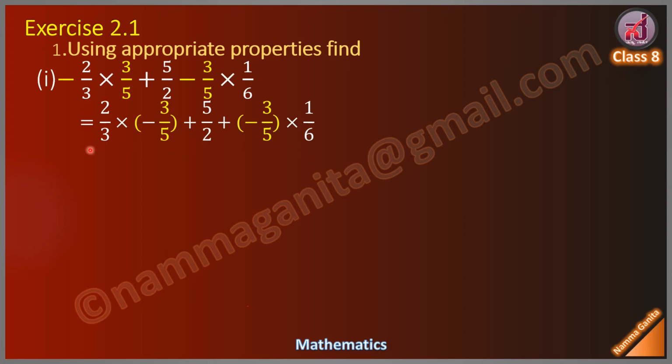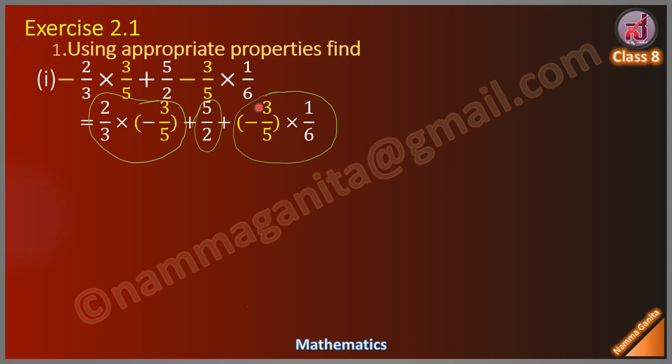This problem consists of 3 parts. This is the first part. This is the second part, 5 upon 2 is the second part. And minus 3 upon 5 into 1 upon 6 is the third part. Observe the first part and third part. You will find minus 3 upon 5 is the common factor of first part and third part.